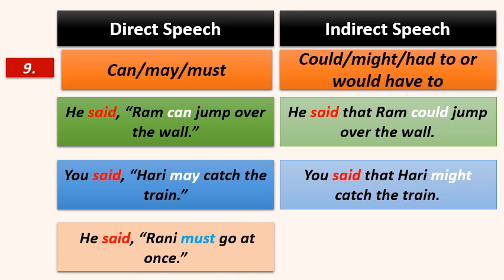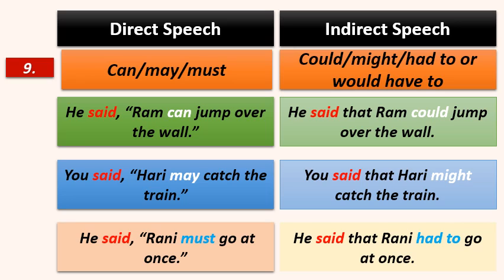He said, "Rani must go at once." So must becomes had to or would have to in indirect speech. So the sentence will be, Hari said that Rani had to go at once. Remember one thing, the form of the verb will remain the same.